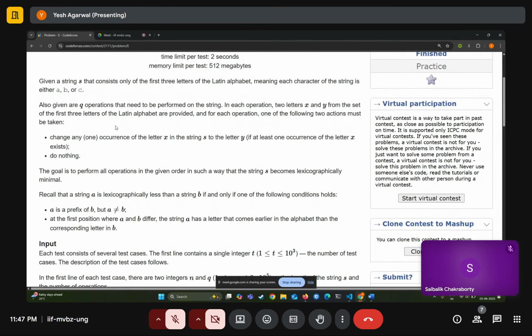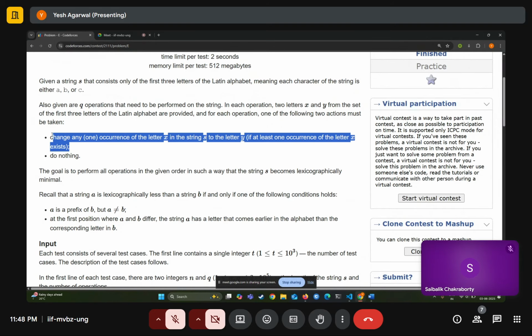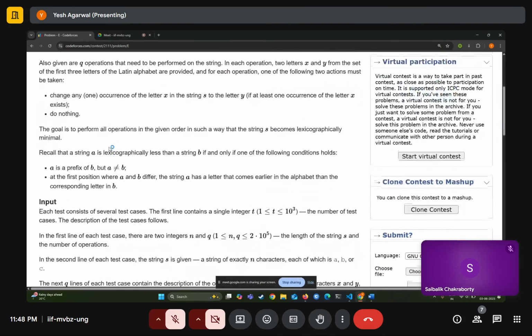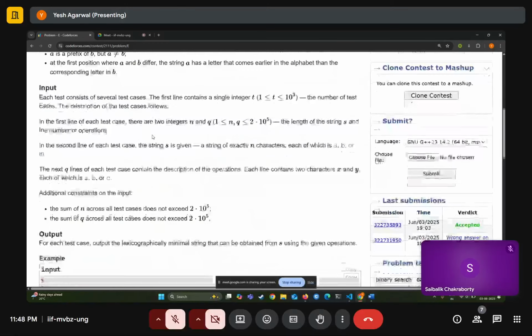So in each query you will be given two characters x and y, and you have two options: either do nothing, or you can choose to convert one x to one y, only one of the x to y. This part actually confused me while I was solving the question, but okay.